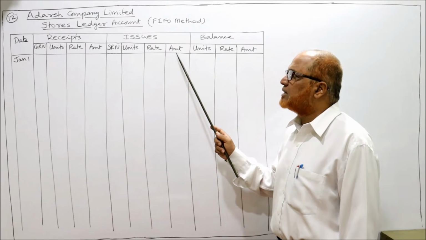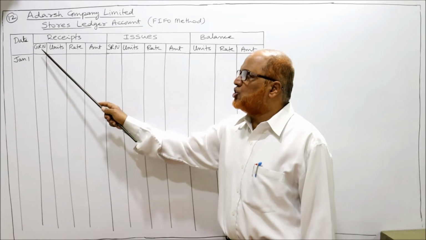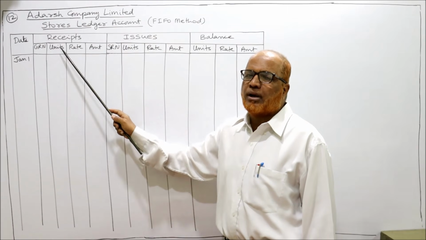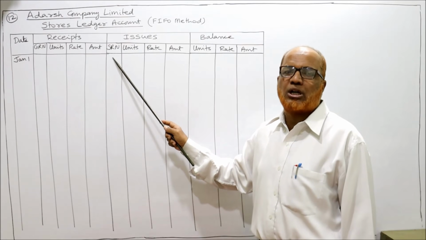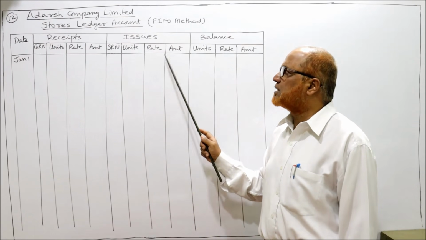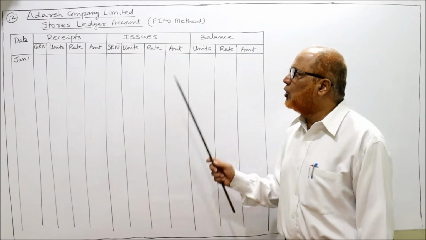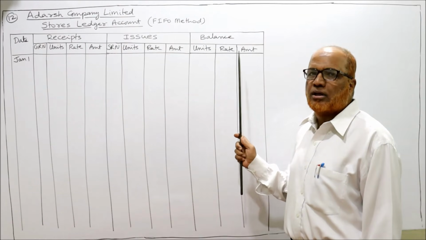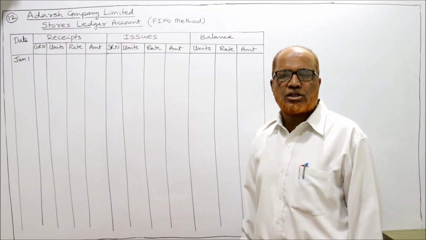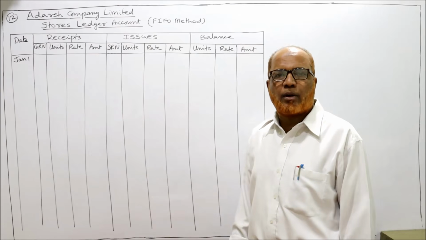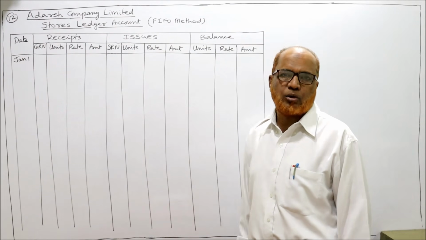Then units, rate, amount. So 4 columns in receipts, 4 columns in issues. GRN, goods received note number, units, rate, amount. Stores requisition note number, SRN number, units, rate, amount. And in balance we will have only 3 columns: units, rate and amount. This is the format of the store's ledger account. In the coming problems, whenever we have to make a store's ledger, we'll open this format only.